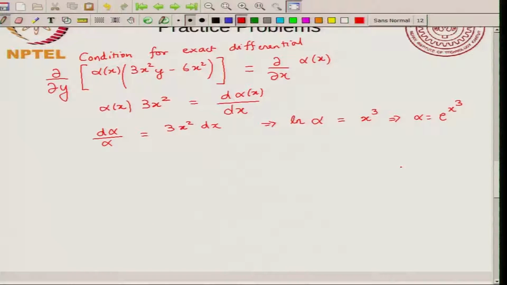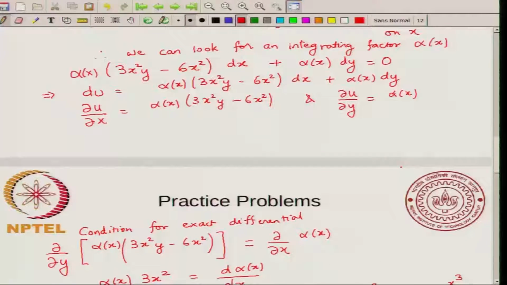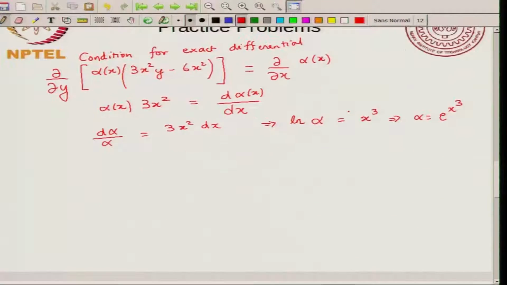Next, what can you say? Now, you go back to these equations. We know that dou u by dou y is alpha of x. So, therefore, dou u by dou y is equal to e raised to x cube. Now, if I integrate both sides with respect to y, u is a function of x and y.